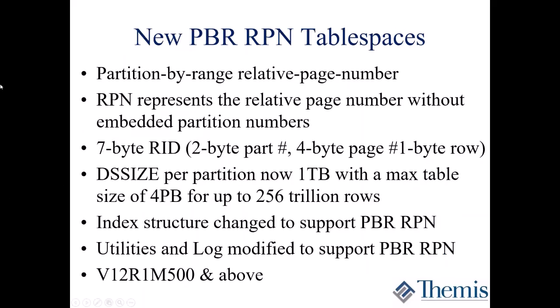All right, so relative page numbering just means that every partition of a partitioned table space will start numbering its pages with 0 again. Right? So, part number 1 starts at page 0 and goes forward, and part number 2 also has a page 0 and goes forward. So, pages can be duplicated and will be duplicated across different partitions.